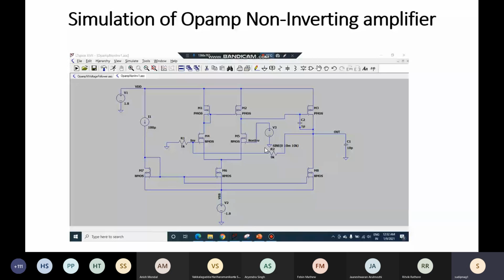Now you have to make a good judgment and selection of the value of C2 such that your op amp should not be very slow. At the same time, it should be sufficiently noise immune. So very slow op amps are also very low noise op amps. If you take 10 different data sheets of different gain bandwidth products for practical op amps, you'll find that slower op amps are more accurate op amps, and slower means slower slew rate.